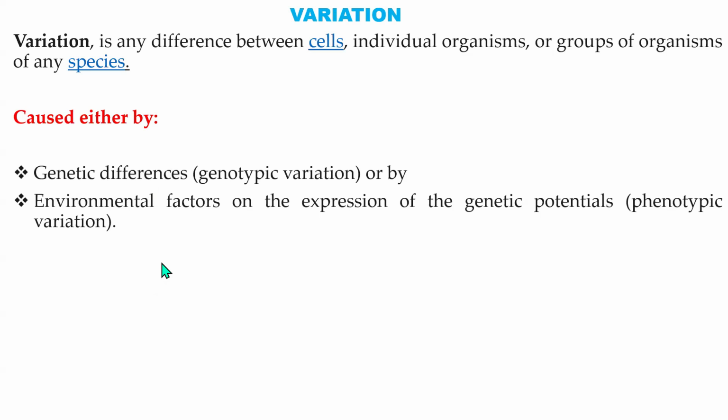Let's now look at where variation may be shown. Variation may be shown in physical appearance. Even within identical twins, you can see that they possess different physical appearance.